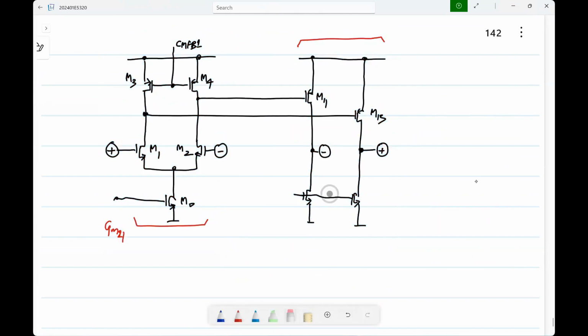Now, basically, this feed forward path, the one that connects from the input to output, you need it only at higher frequencies, right? So what could potentially be done is, you bias these from a current mirror, okay, with resistors, and you can AC couple the input.